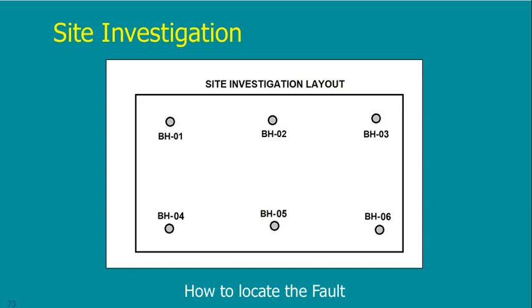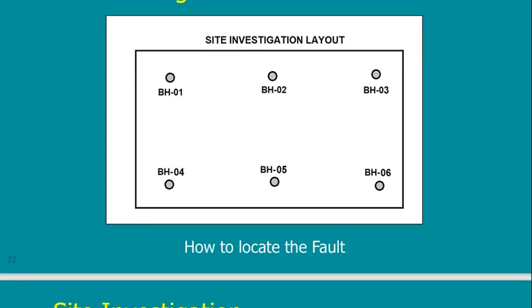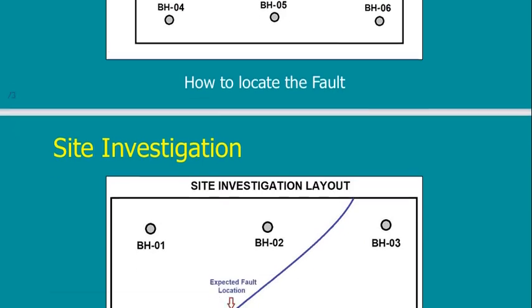I would be considered not a clever geotechnical engineer if I have boreholes in an area where I have a fault and I do not discover it. It's a complete disaster for me, because this will result in big problems for the building.